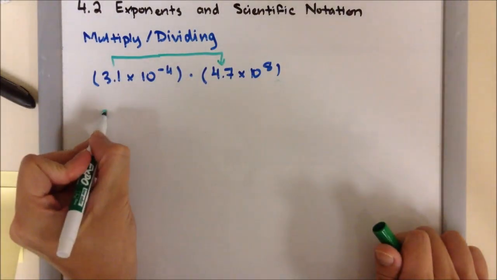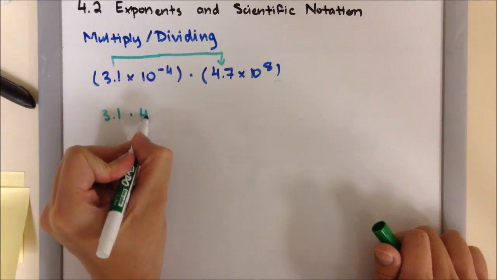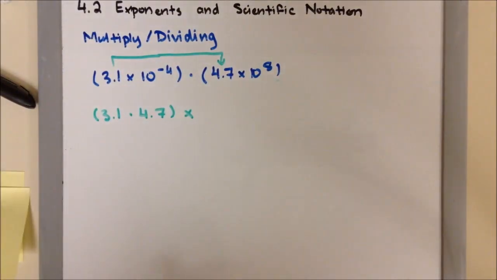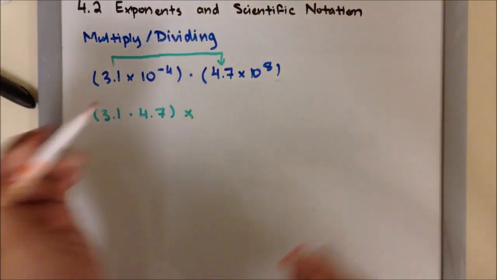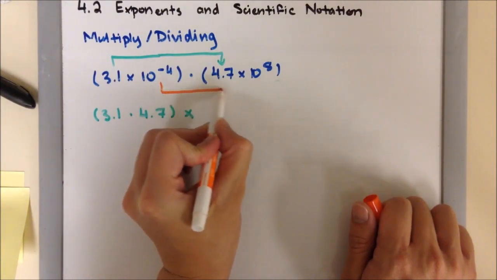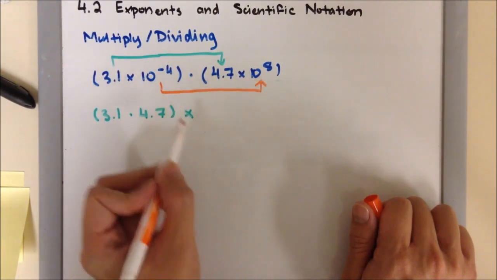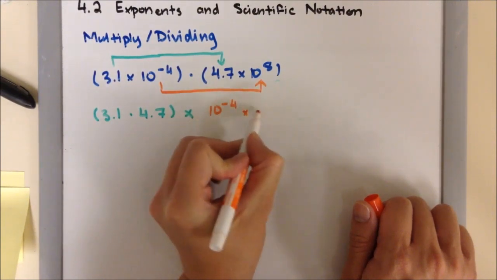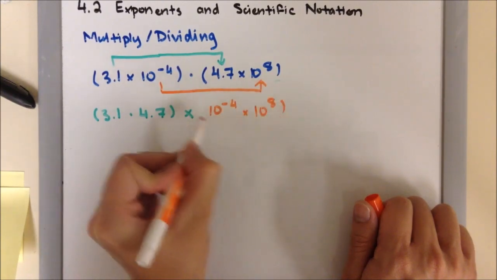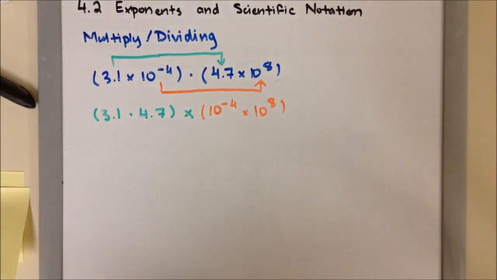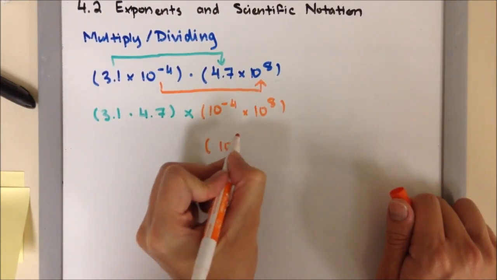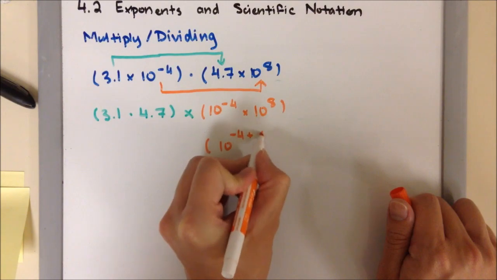So it's going to be 3.1 times 4.7. And then my tens, so it's going to be 10 to the negative 4th power times 10 to the 8th power. Now this one is based on the law of exponents with the same base, meaning 10. Since they're multiplying, I'm going to add the exponents, so negative 4 plus 8.